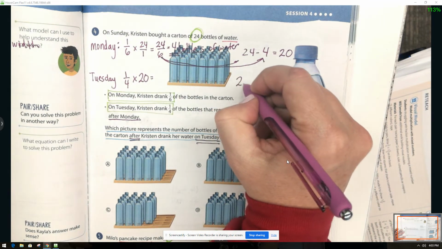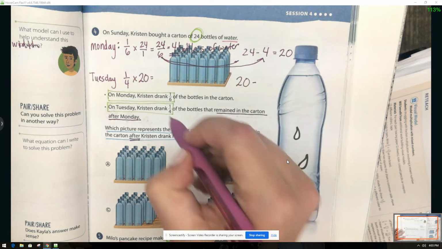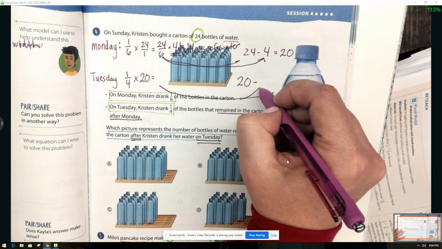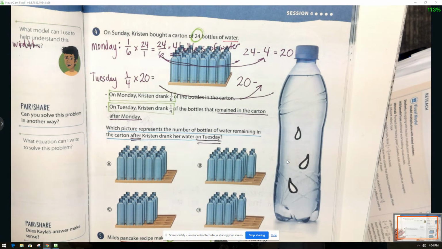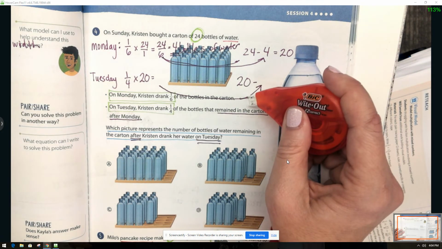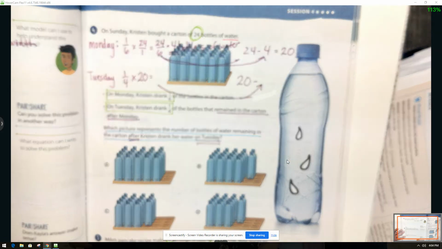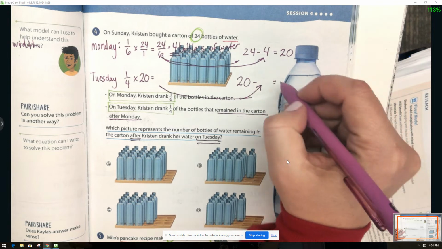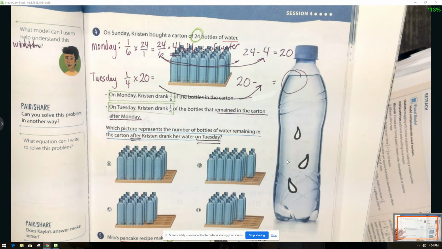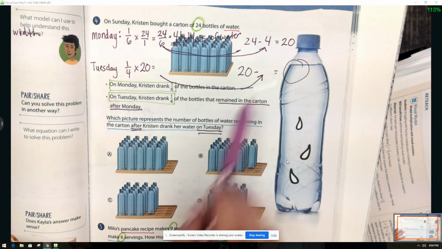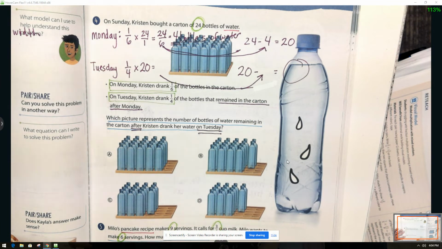Then you need to take the 20 bottles and you need to subtract the amount of bottles that she drank on Tuesday to get your final answer of how many bottles she has left. Once you find out how many bottles she has left, you're going to find the picture that shows that many number of bottles of water.